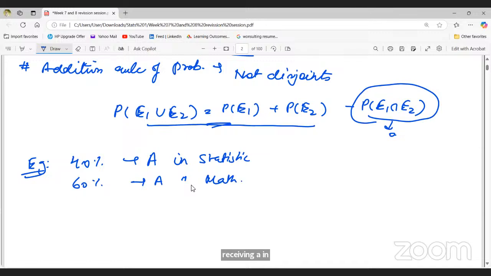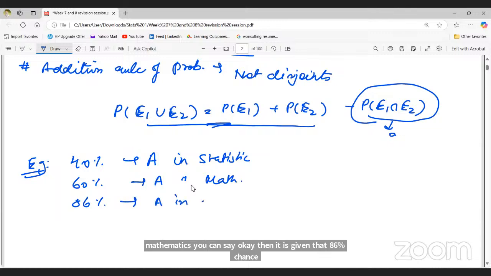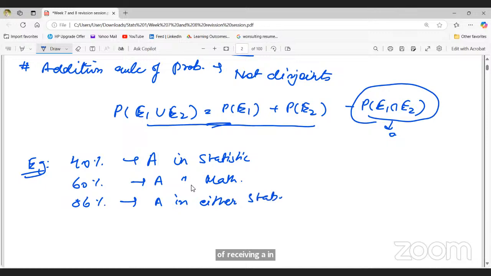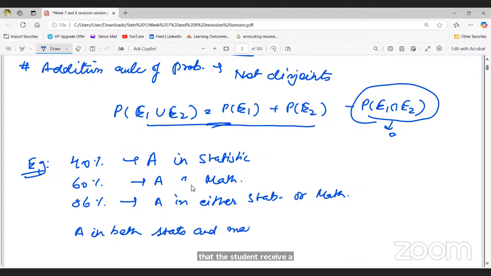It is given that there is an 86% chance of receiving A in either statistics or mathematics. Now you have to find the probability that the student receives A in both statistics and mathematics.